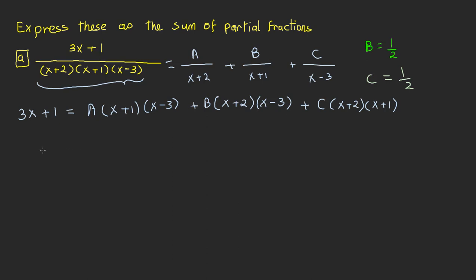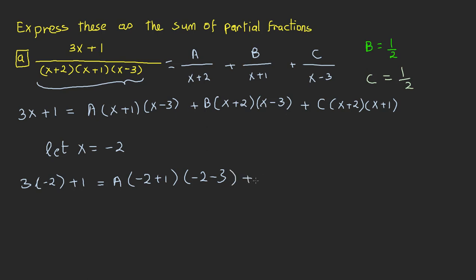If we choose x equal to minus 2, then we get 3 times minus 2 plus 1 equals a times minus 2 plus 1 times minus 2 minus 3, and we know b will be multiplied by 0, c also.